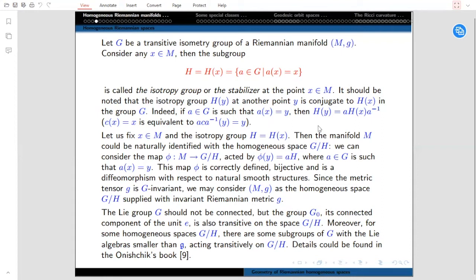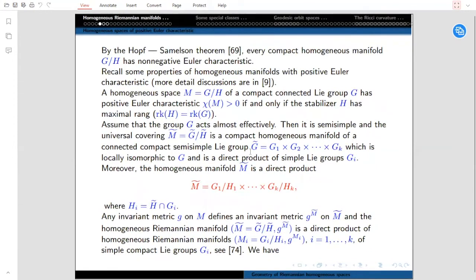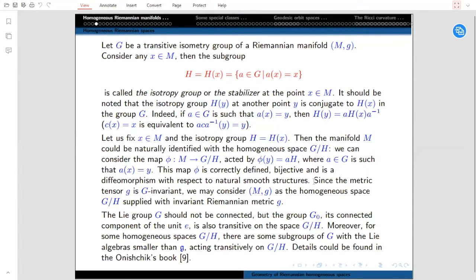Therefore, up to conjugation, the isotropy group is one and the same. Let's fix X in M and the isotropy group H. Then the manifold M can be naturally identified with the homogeneous space G mod H.